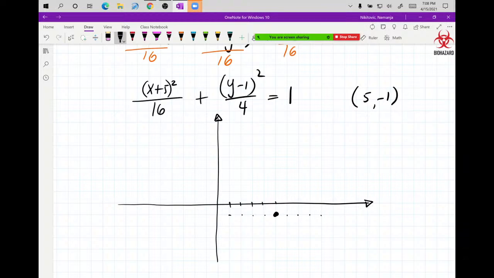Isn't it negative 5? Oh my god. It's negative 5 and positive 1. Thank you. I was just testing to see who's paying attention. It is, yes, HK, it's always opposite signs.